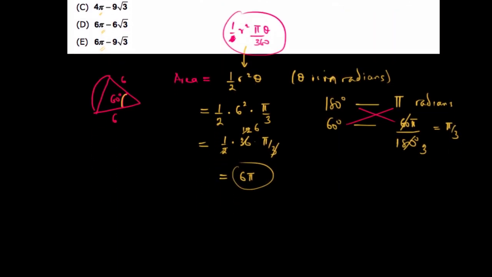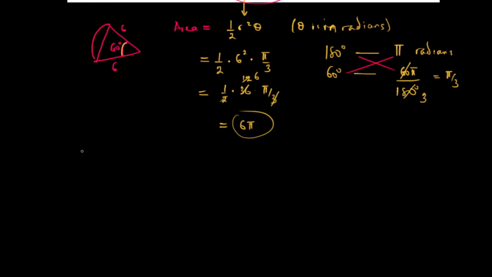So let's find the area of the triangle. This is the triangle we have, and the angle here is 60 degrees, here is 6, and here is 6. So to find the area of this triangle, like we've shown in previous videos, the area is just half times 6 times 6 times the sine of 60 degrees.